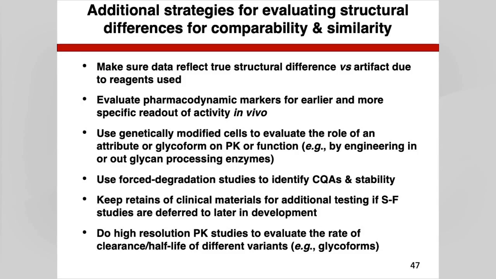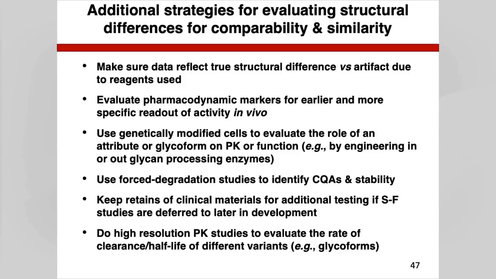So last year at the WCBP meeting, and I'm almost done, I think I'm within time here, we had a roundtable where we tried to talk about structure-function relationships, and we came up with a list of additional strategies that you can use to try to help you understand whether a change in structure, for example, for a comparability or similarity exercise, is actually important.